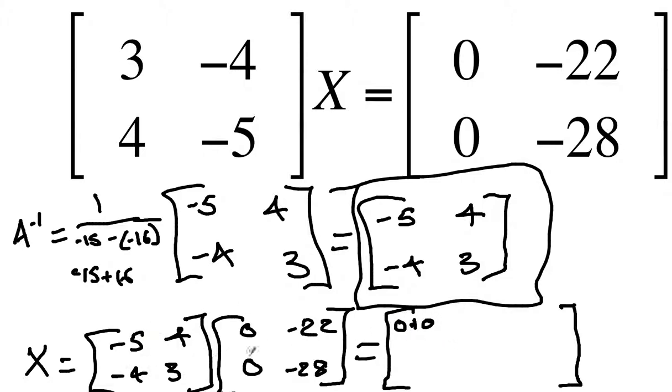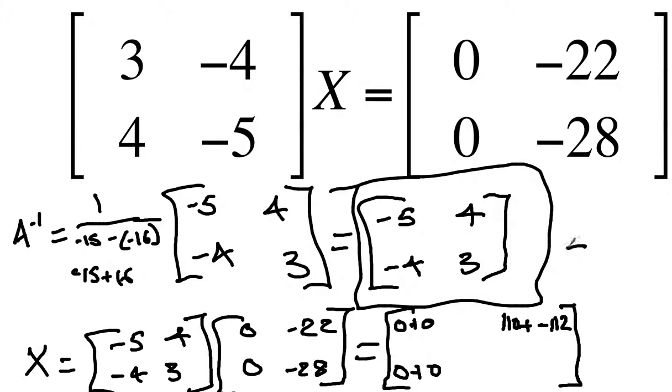If I do row 2 times column 1, I'm going to get the exact same thing. If I do row 1 times column 2, that gives me row 1 column 2 over here. So -5 times -22 is a positive 110. 4 times -28 is going to be a negative. 4 times 25 is 100, and 4 times 3 is 12, so this is going to give me a -112.